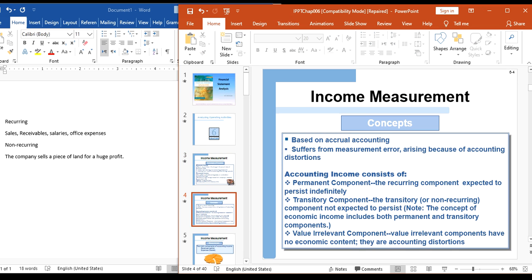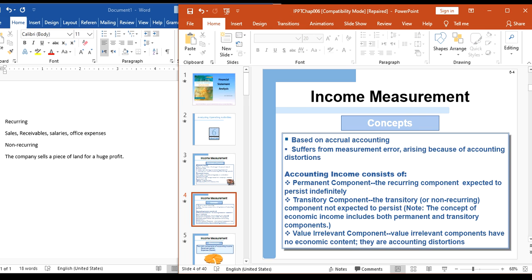Okay, that's another type of income. And the most important is the accounting income. Okay, so the accounting income consists of permanent components and recurring components expected to persist indefinitely, and transitory components of the company and value irrelevant of the company.